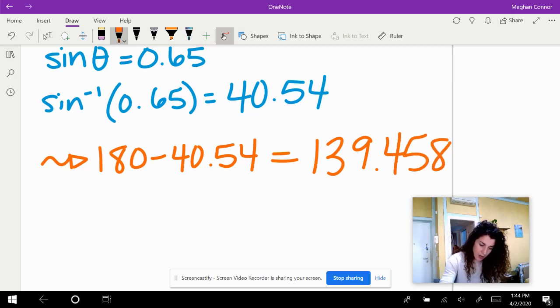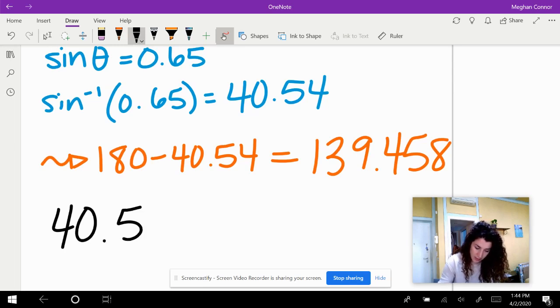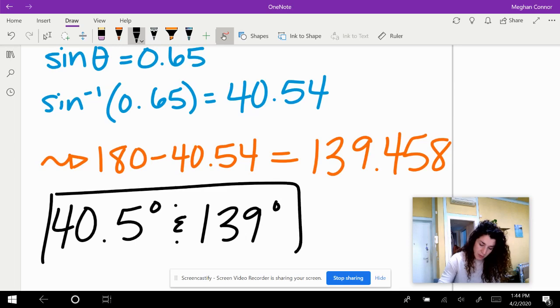So the two angles are 40.5 degrees and 139 degrees. 3 sig figs on both of those guys.